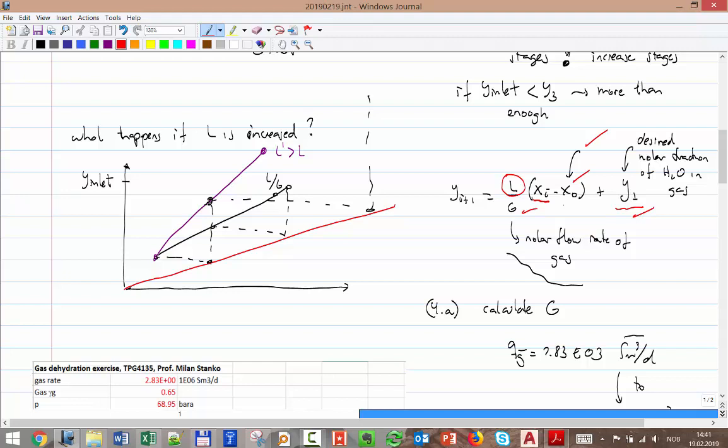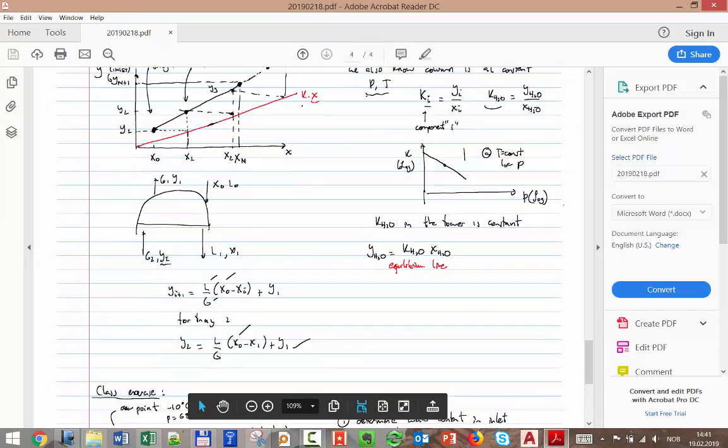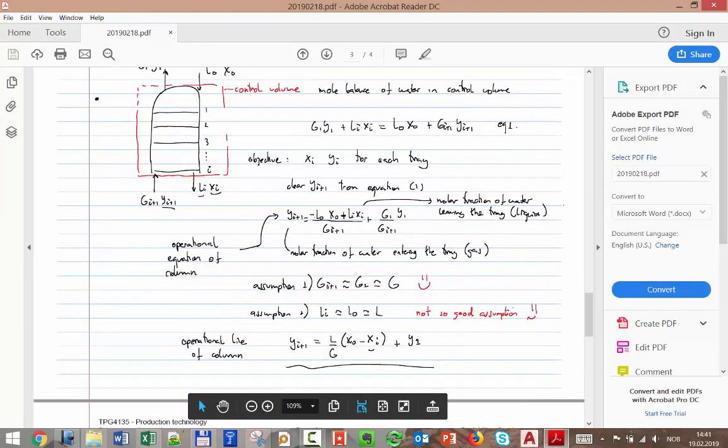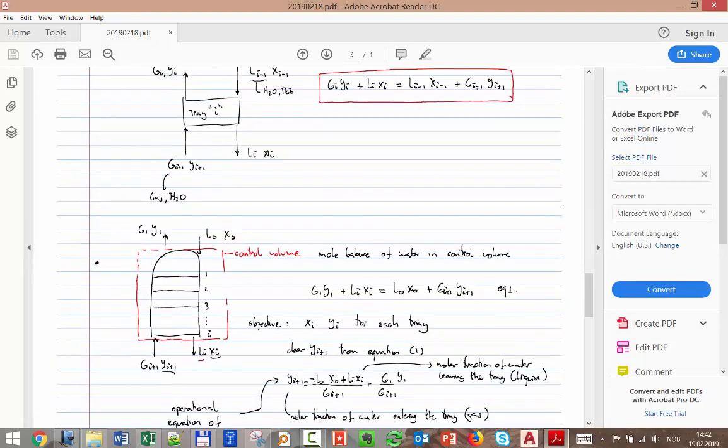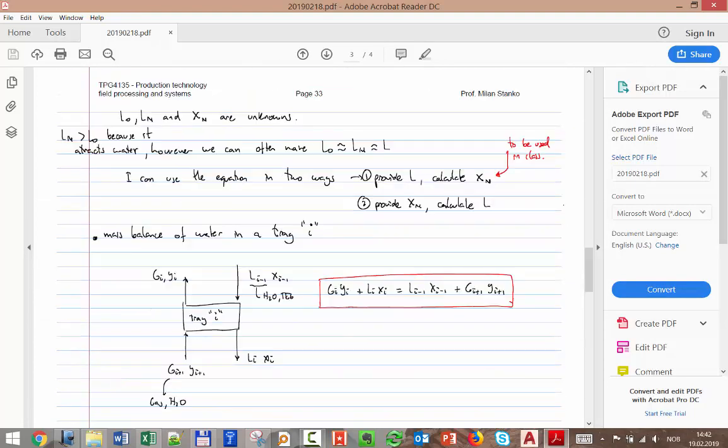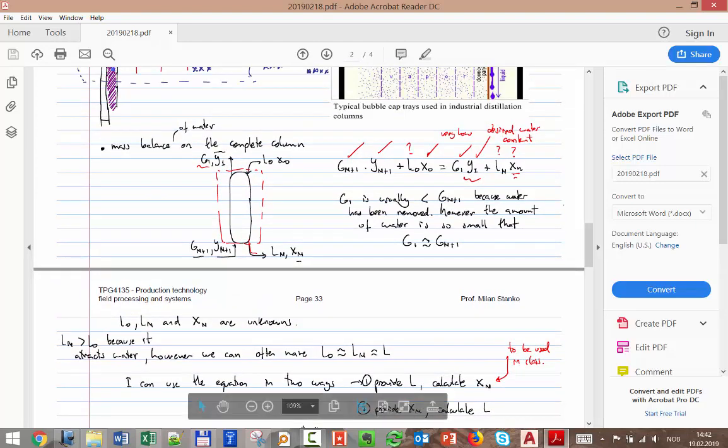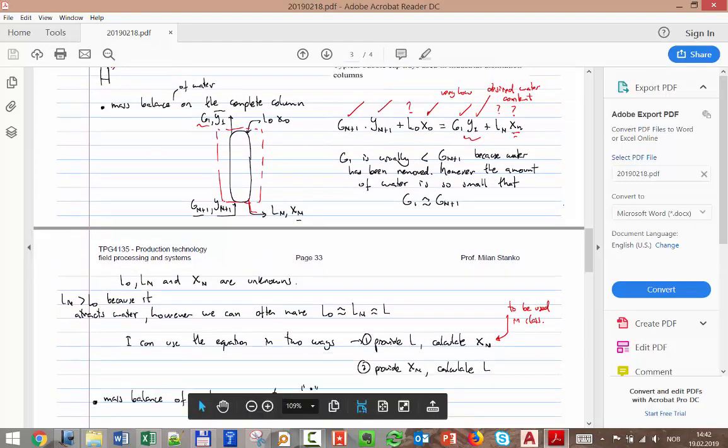If you remember from last class, when we made the mass balance in the whole column, I told you that it can be done two ways. I give the rate of TEG, and then I find X, how much water the TEG leaving the column has. Or I can give you the amount of water in the TEG leaving the column, and calculate L.